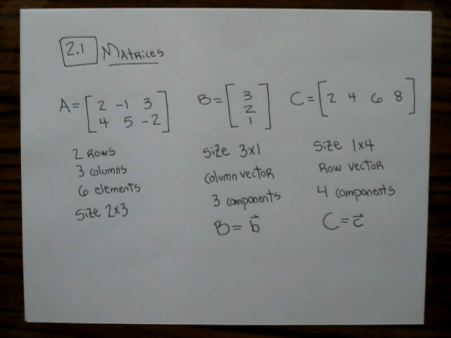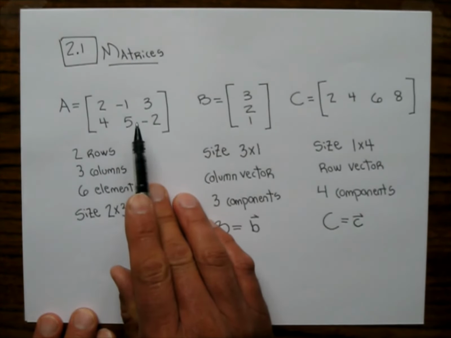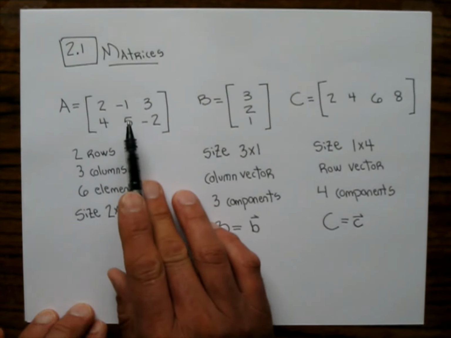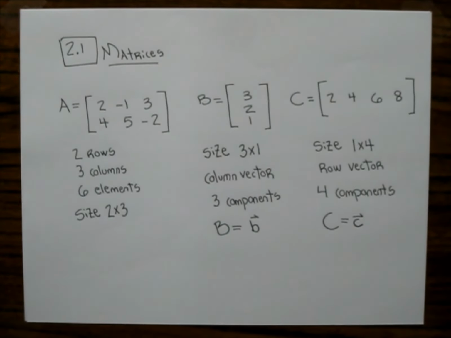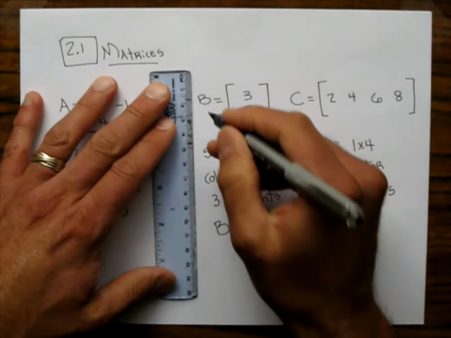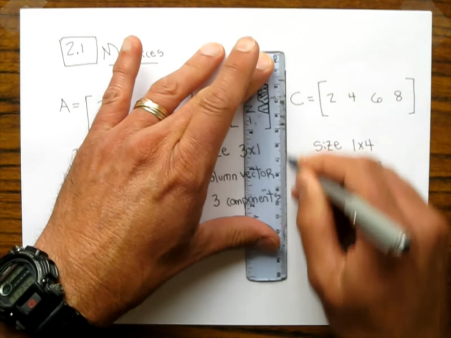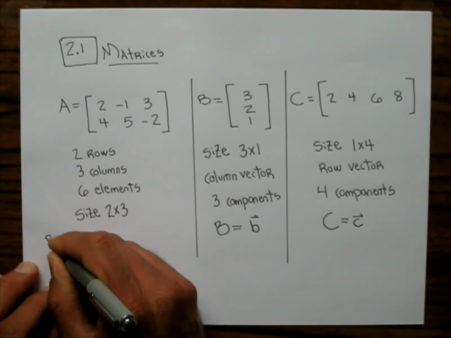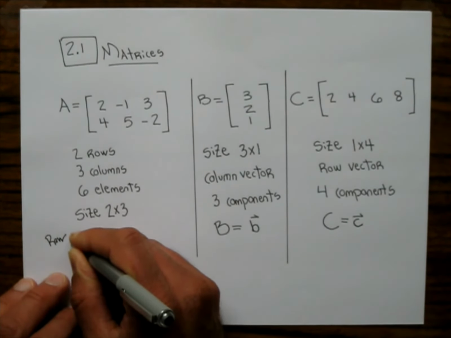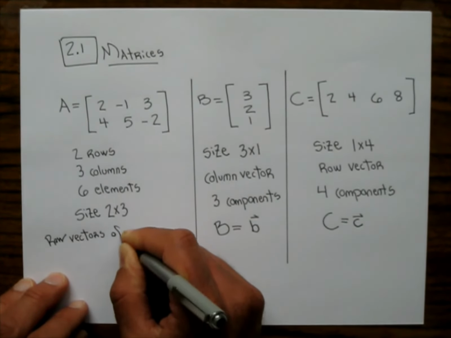So even though this matrix right here cannot be called a column vector or a row vector, we could still ask the question. So we're keeping this separated here. Just keep them separated like this. Okay, so they could ask in your homework, what are the row vectors of A?